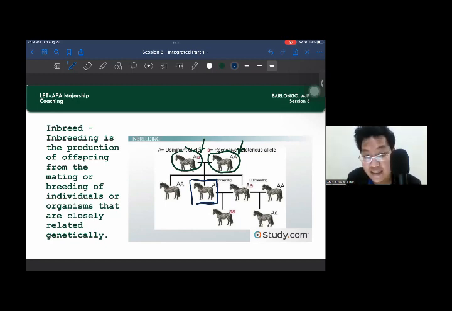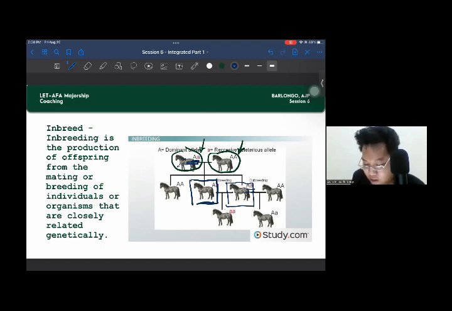And in this case, ang related ay ito. Kaya nakalagay dito inbreeding. Kasi, ang genotype niya ay parehas ng sa mother. Which is, anong tawag dito? Big A, small a. So, this is called heterozygous in genetics.